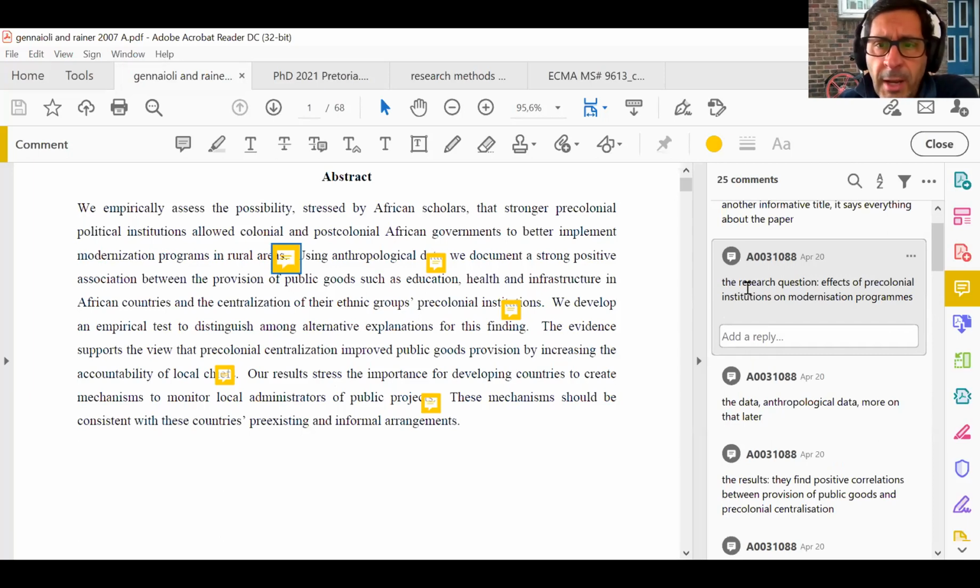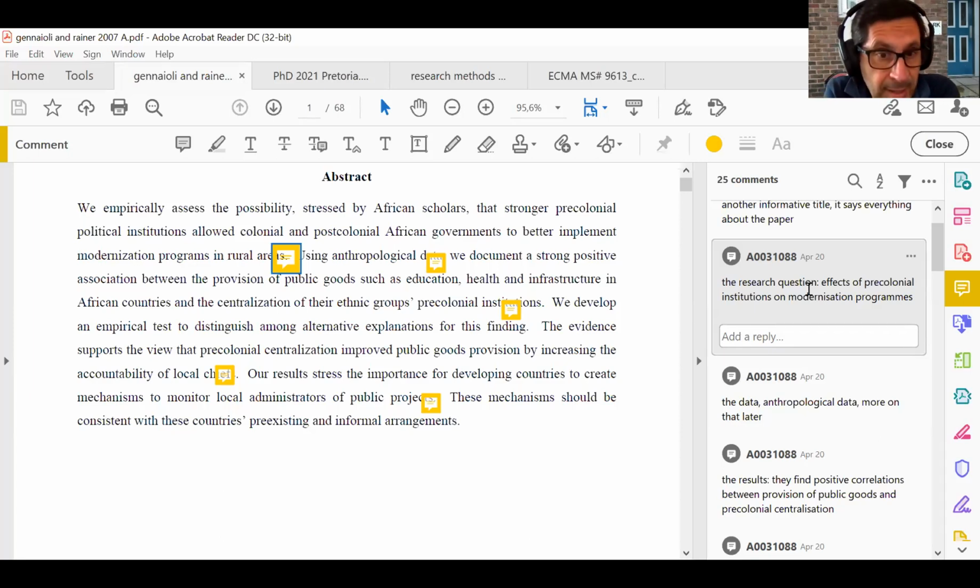They write there the research question, which is essential. What is the research question of this paper? They empirically assess the possibility stressed by African scholars that stronger pre-colonial political institutions allowed colonial and post-colonial African governments to better implement modernization programs in rural areas.